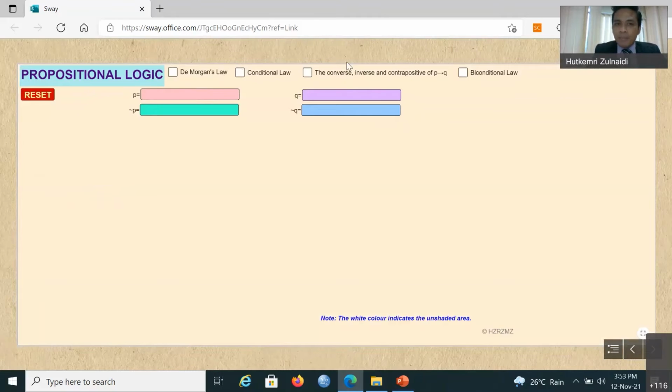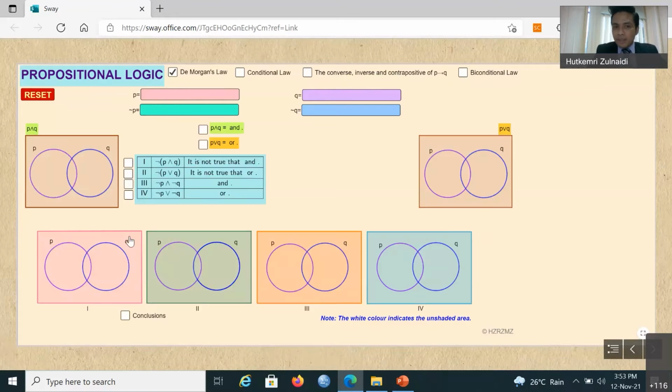Now, for example, this is how GeoGebra runs for My-OTG, given a situation. We use De Morgan's law first. Lecturers or students can put their own situation there. For example, P is "Emilia is smart."